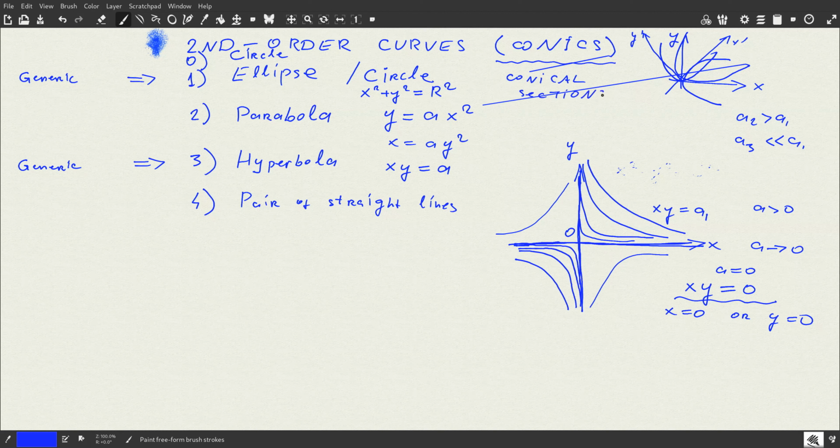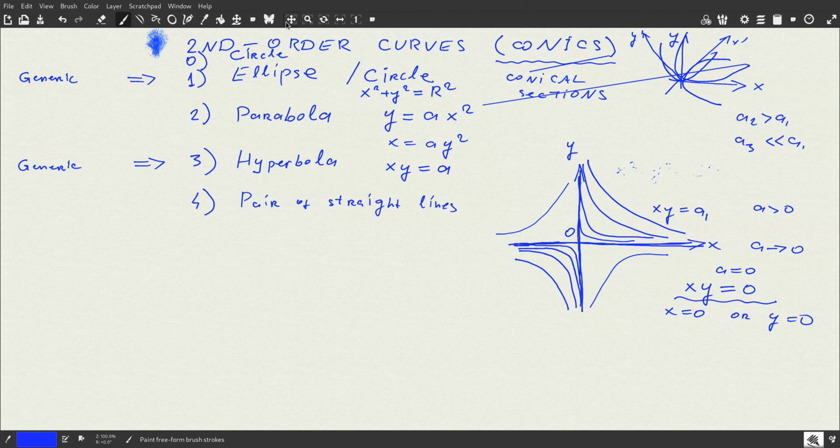Because when the ancient Greek mathematicians started learning about those curves, studying them, analyzing them, more than 2000 years ago, they were interested in the question of what happens when a cone is intersected by a plane. So what we see in the intersection are precisely those second order curves, conics.